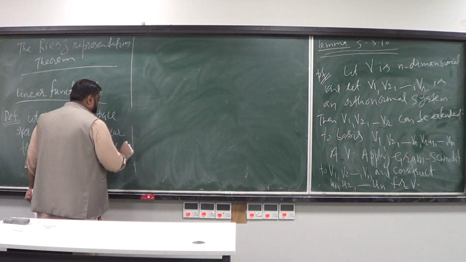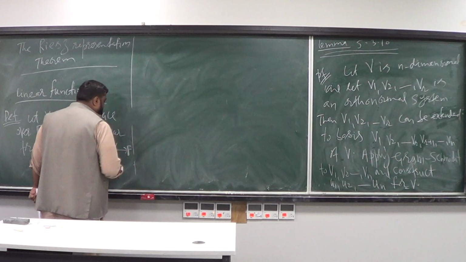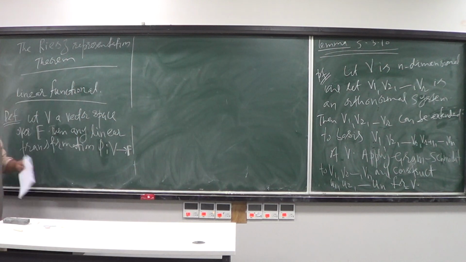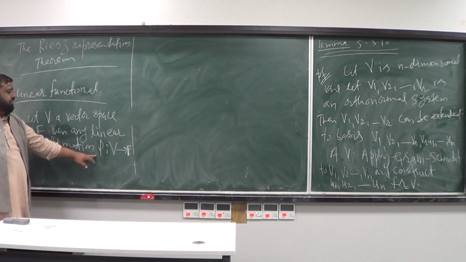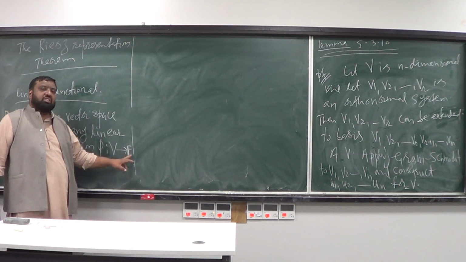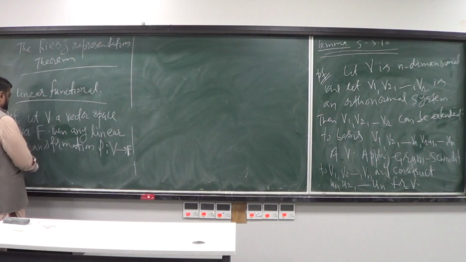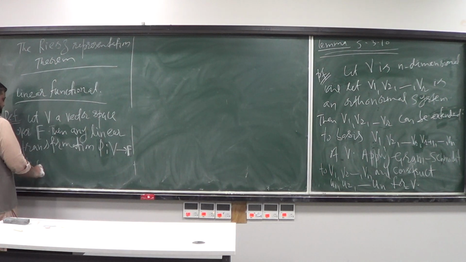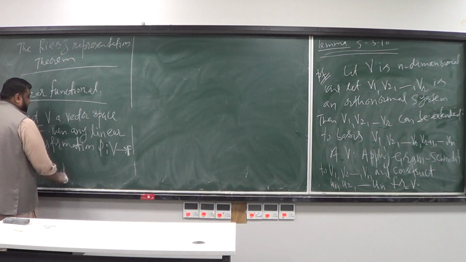And by the way, we know that every field is a vector space as well. So a linear transformation from a vector space to its field, you call such a linear transformation a linear functional.